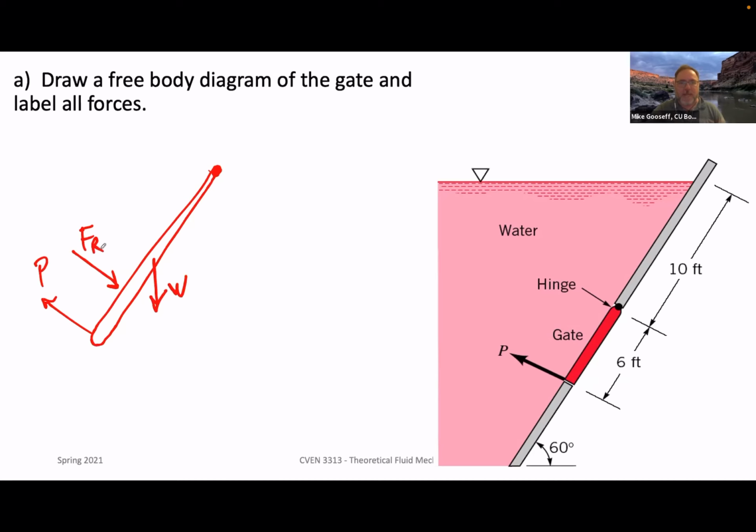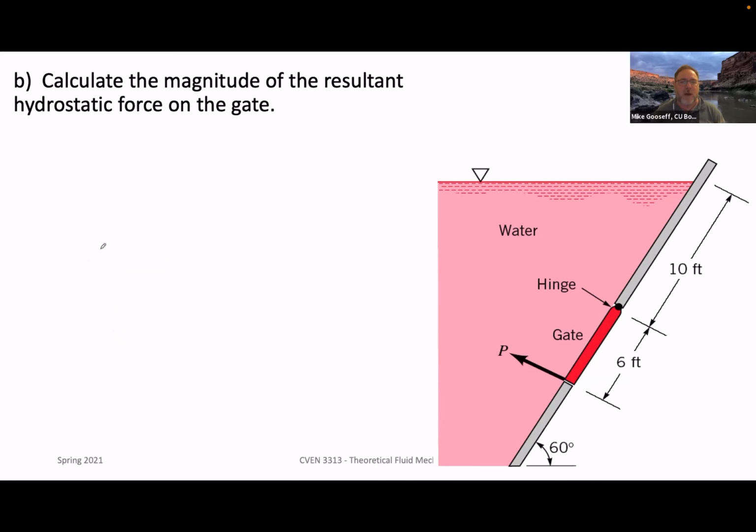Part B then asks us to calculate the magnitude of the resultant hydrostatic force on the gate. All right, so recall that this is the general equation we've been using. The resultant, this hydrostatic force, F sub R, is equal to gamma w times the depth of the centroid of the gate in this case, multiplied by the area of the gate, right?